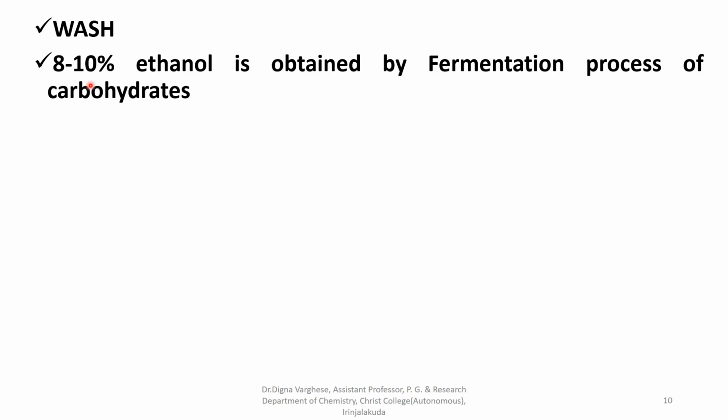Here we are discussing three terms. The first one is the wash. What is wash? 8 to 10 percent ethanol obtained by the fermentation process of carbohydrates is known as wash. The second term is rectified spirit.